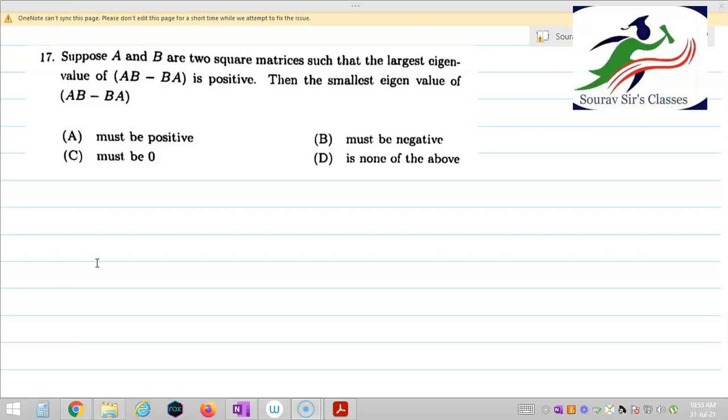First of all, let me tell you some properties regarding the trace of a matrix.